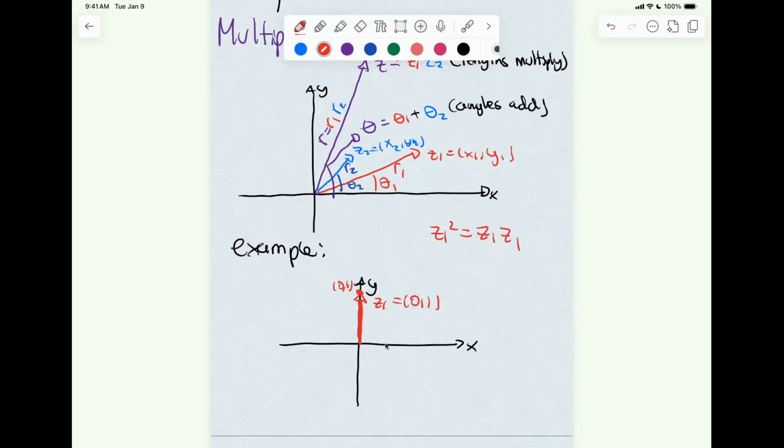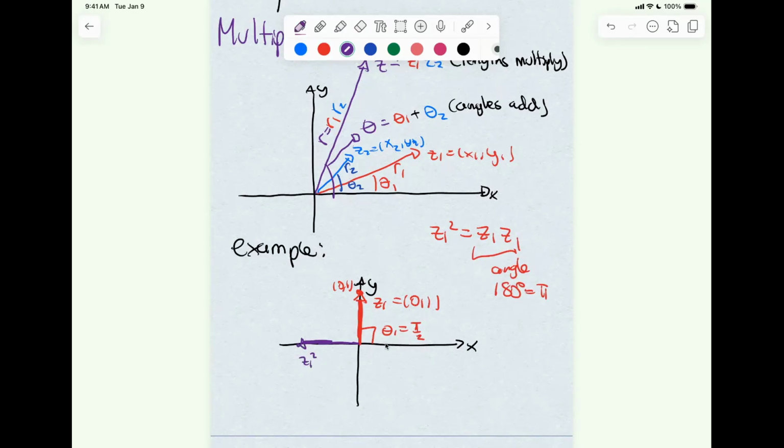What is the angle here? That's 90 degrees. If you believe that the angles add, 90 plus 90 is 180. So Z1 squared should have an angle of 180 degrees, which is pi. So this is where Z1 squared should be.